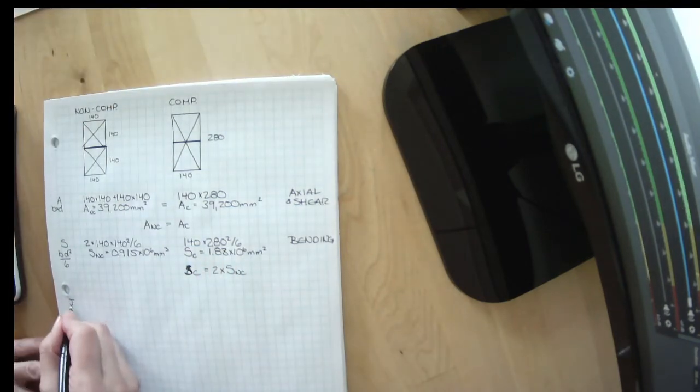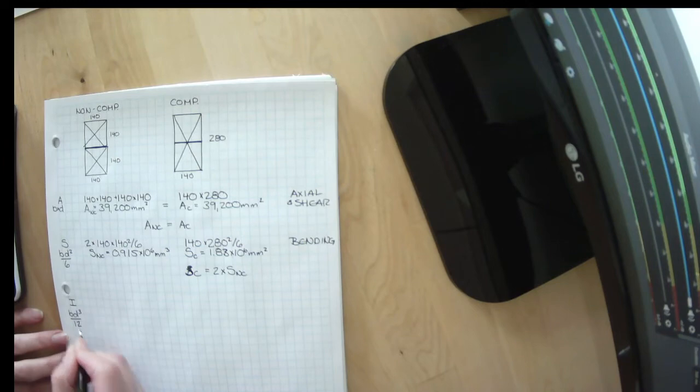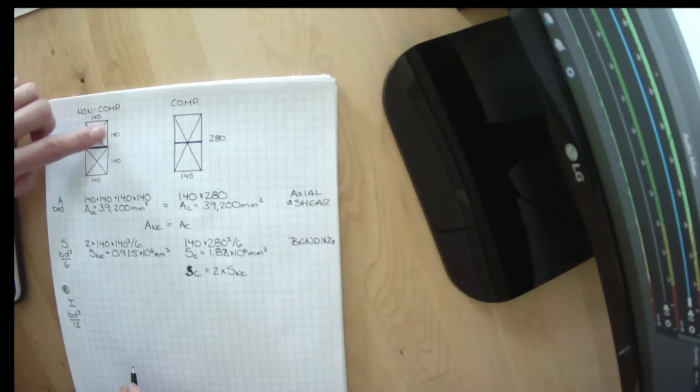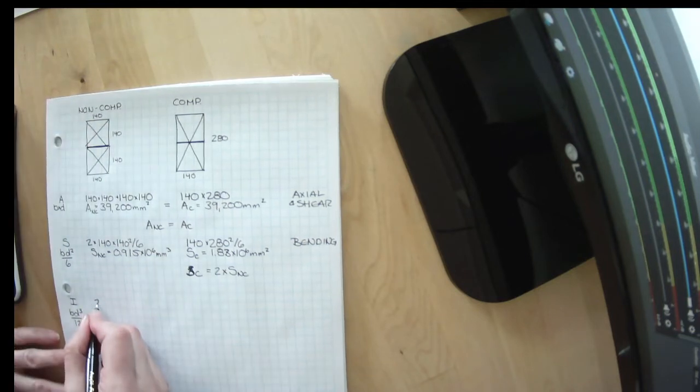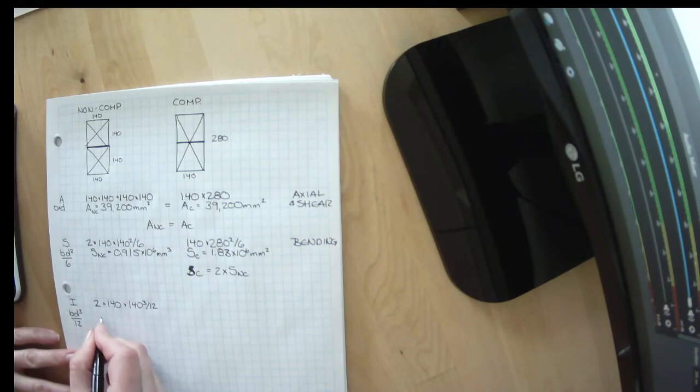Let's talk about I, or stiffness. If you guys remember, it's BD cubed divided by 12 for a rectangle. B is 140, D is 140, and we've got 2 of them. Or 2 times 140 times 140 cubed divided by 12.